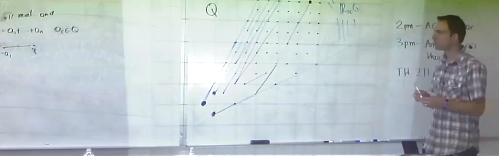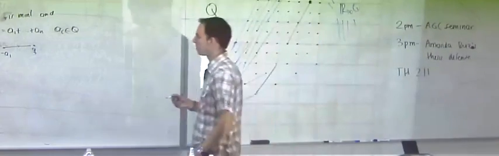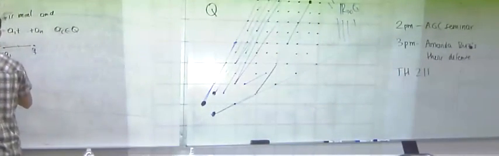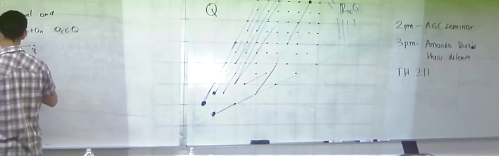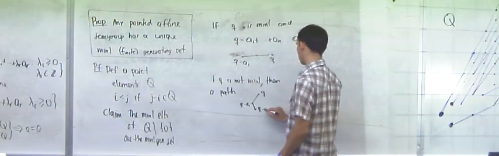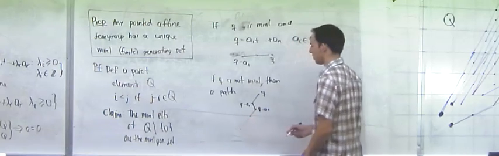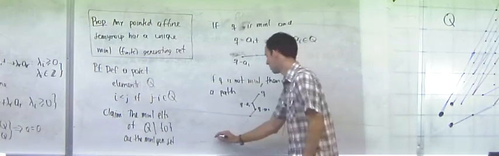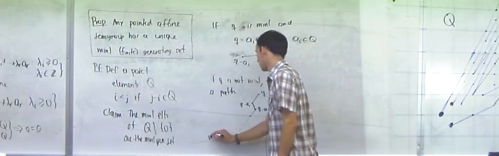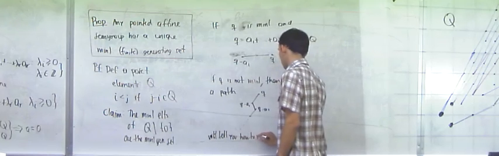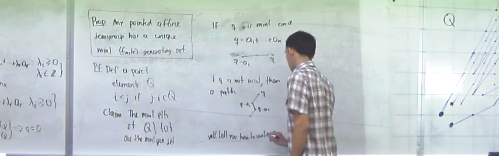Okay. So if Q is not minimal, then a path from Q to, it has to be Q minus A1, Q minus A2, etc., will tell you how to write Q in terms of minimals.